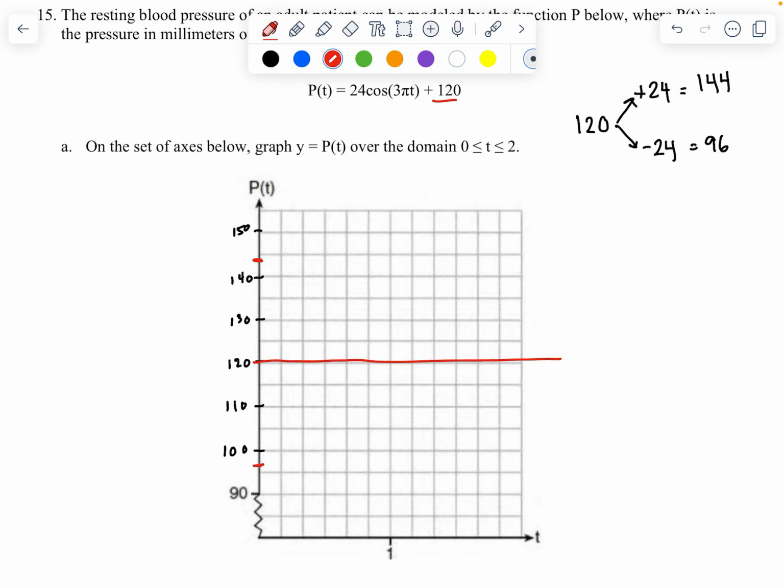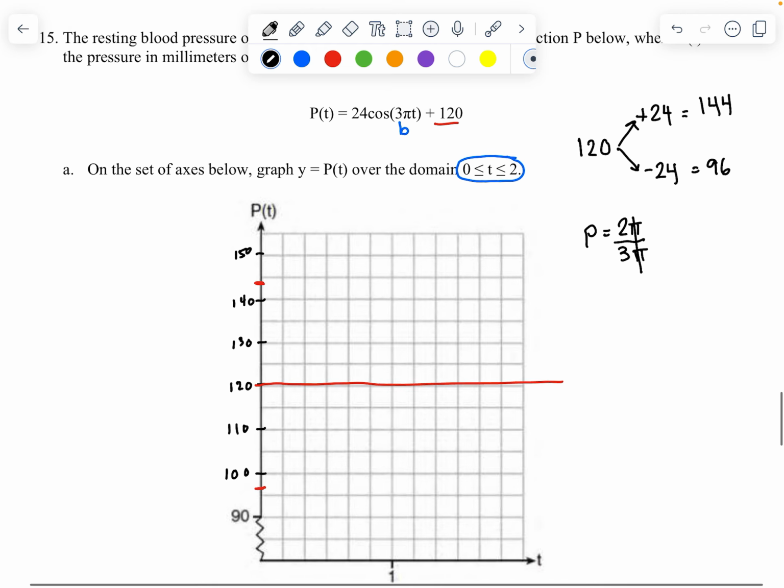Okay? Now, I know that I'm graphing two of these, and I need to figure out the length of one of these. So that is your period. Your period is 2 pi over b, and your b is 3 pi. So your period is 2/3.